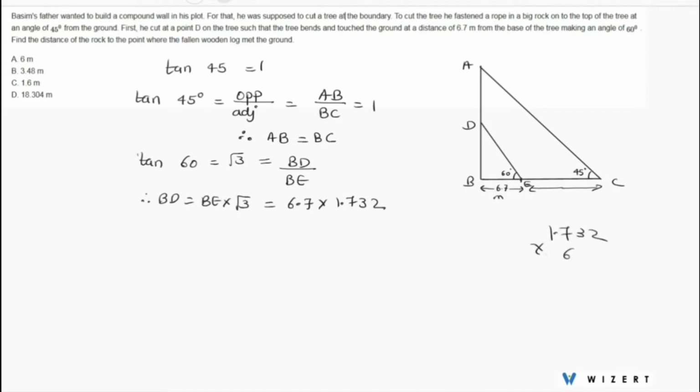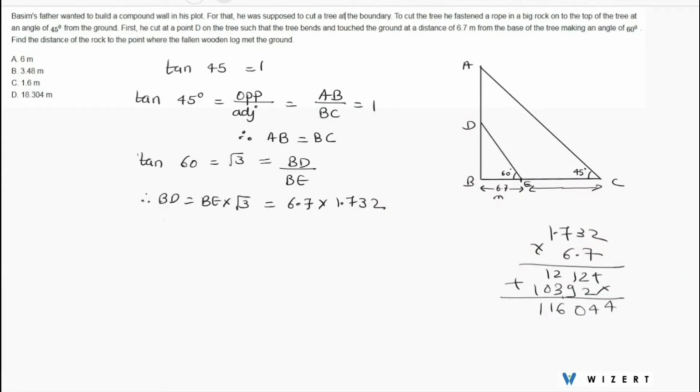Let's perform this calculation. 1.732 multiplied by 6.7 gives 11.6044.